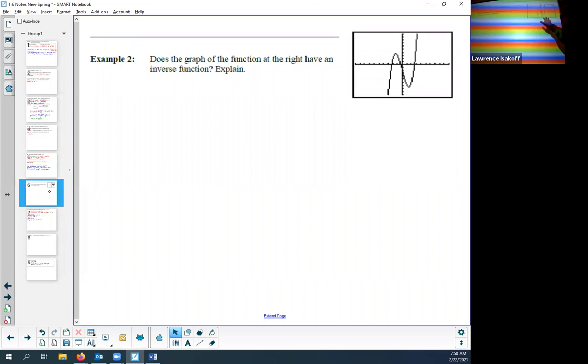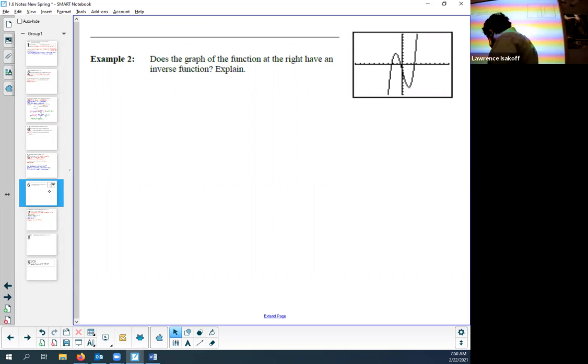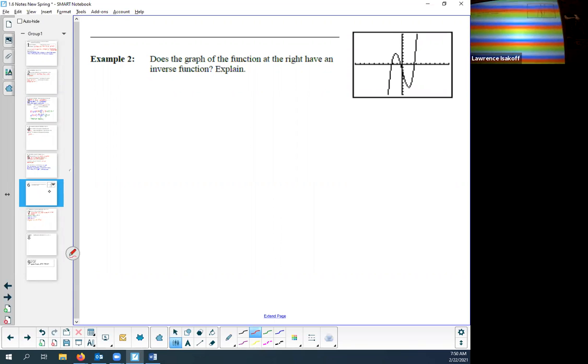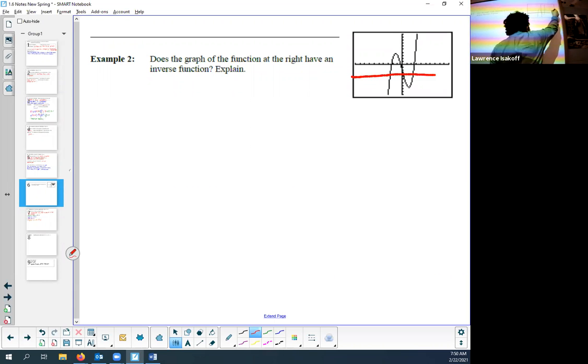So does this function right here have an inverse? We're going to use, again, the horizontal line test. This works just like the vertical line test. It touches it at more than 1 point. This actually touches it at 3. So does it have an inverse?